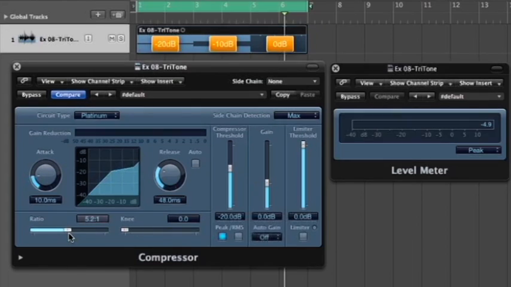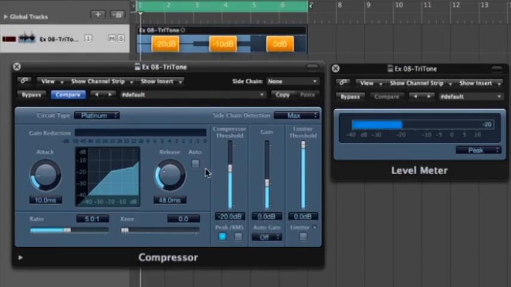What are we going to see here? Okay, the first one: there's a 10 dB difference and a 5:1 ratio. In other words, 10 more dB is coming in over that threshold, and it's going to be compressed 5:1. What is that going to be? Think about it.